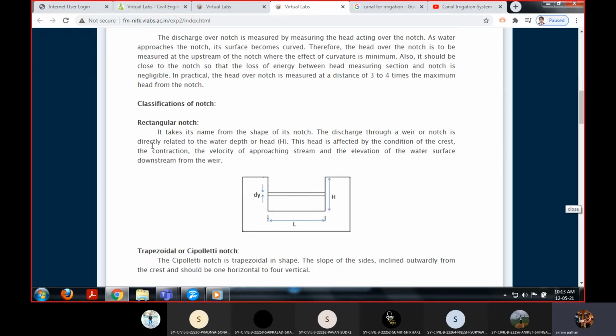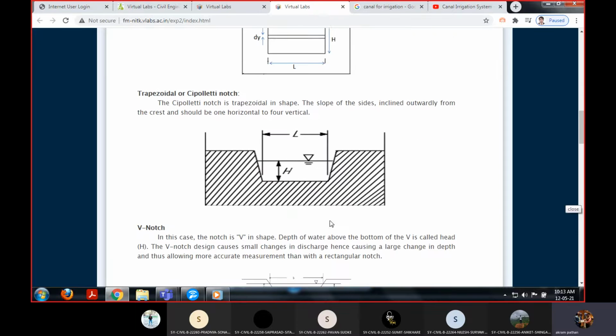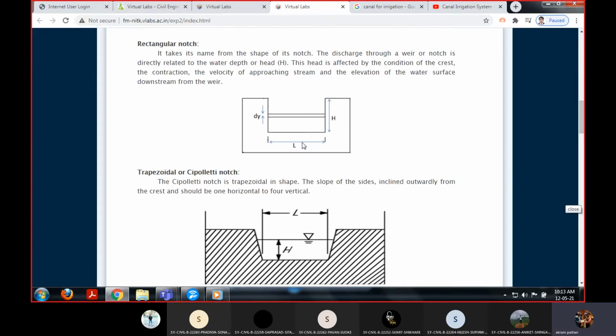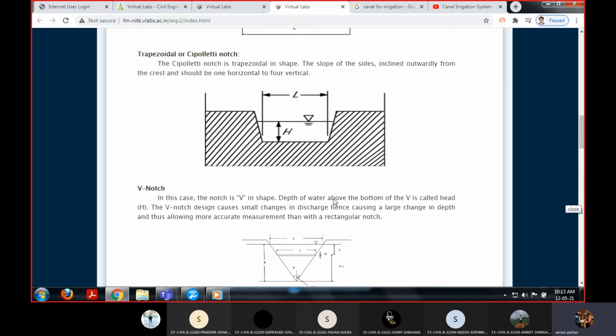Then, the classification of the notch: we have a rectangular notch. So this is the shape of the rectangular notch. Then we have a trapezoidal notch. In case of the rectangular notch, this is the head above the crest level. In case of the trapezoidal notch also, above the crest level we have to measure the head.